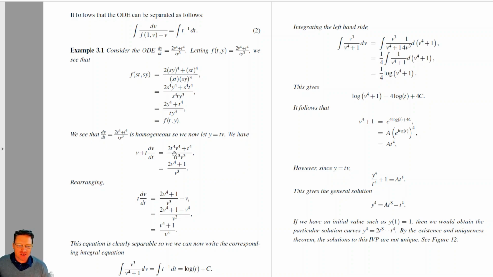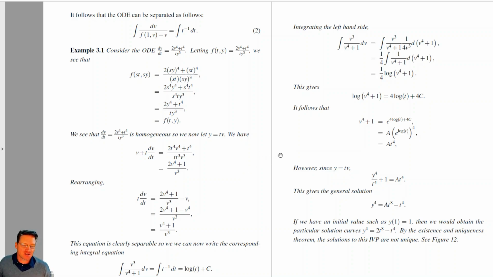So we have 2t to the fourth v to the fourth plus t to the fourth over t times t cubed v cubed. Now we want to simplify that. The t to the fourth vanishes, and canceling that, we have 2v to the fourth plus 1 over v cubed. And now we know that this is going to be separable. In fact, it's going to be separable of the form that we have in equation 2.